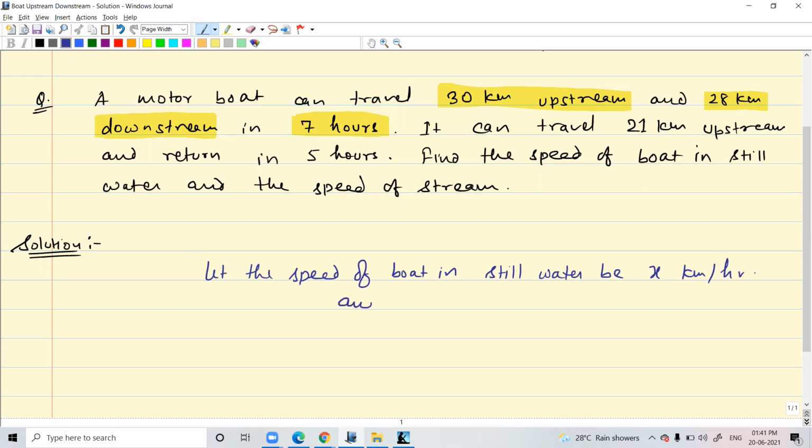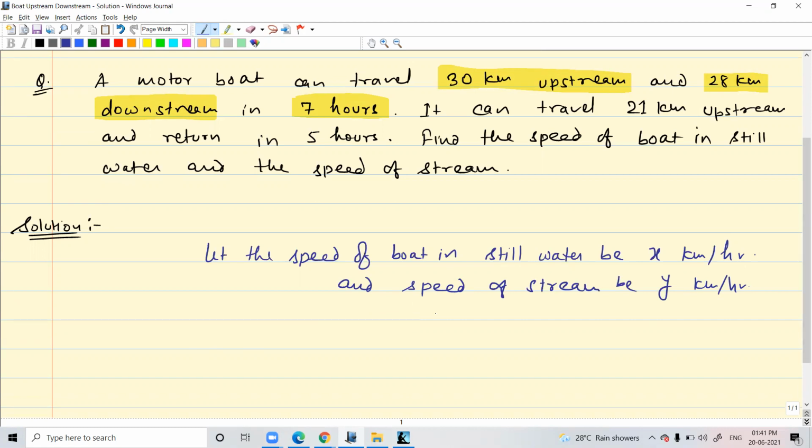And the speed of the stream, let's call that y. If we have the speed of the boat in still water and the speed of the stream, combining these two, we can find out the actual speed of the boat while going upstream and the speed of the boat while coming down. So let's write down those things.